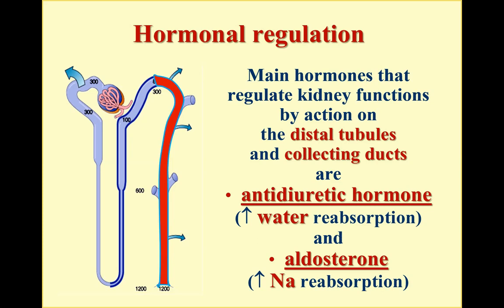It's important to understand that these two main components of the body fluids, sodium and water, are regulated separately, independently of each other. Therefore, it enables us to maintain constancy of the ratio of sodium and water, and the main index that depends on this ratio is the blood osmotic pressure.